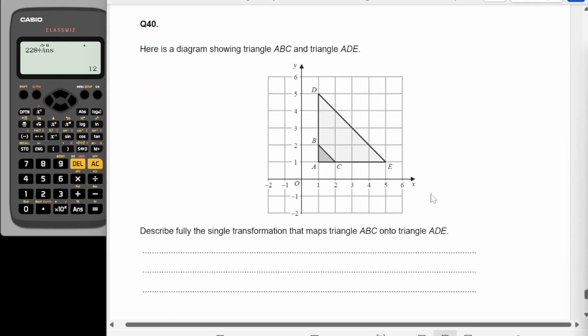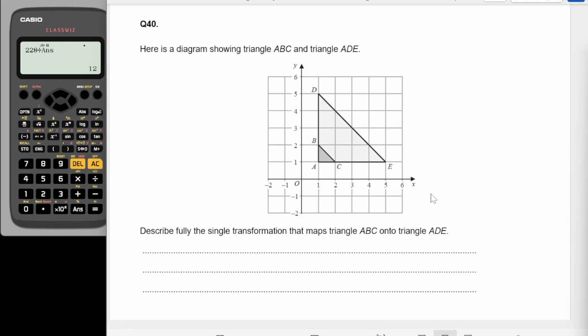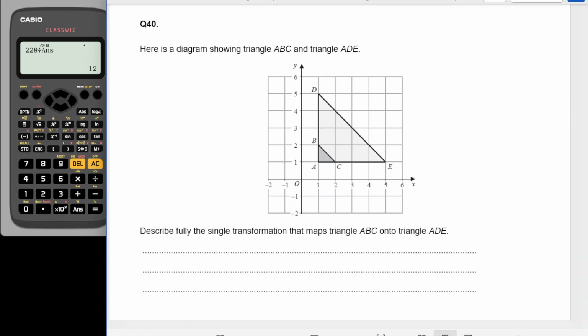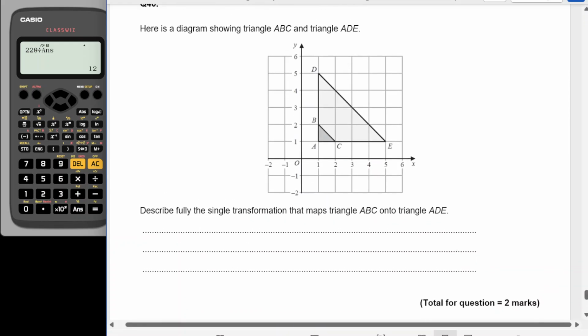Question 14. Here is a diagram showing a triangle ABC and triangle ADE. Describe fully the single transformation that maps ABC onto ADE. Well, straight away, the type of transformation is an enlargement. So this should be 3 marks. Let's just have a look. 2 marks.